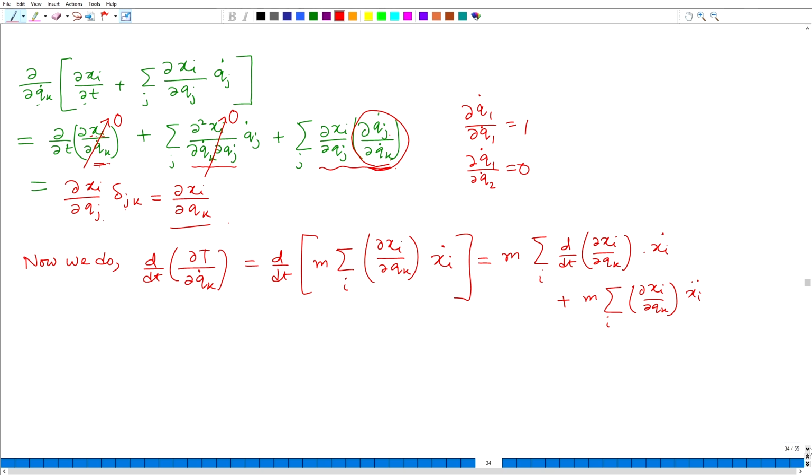So, for this first expression, I now again use blue.